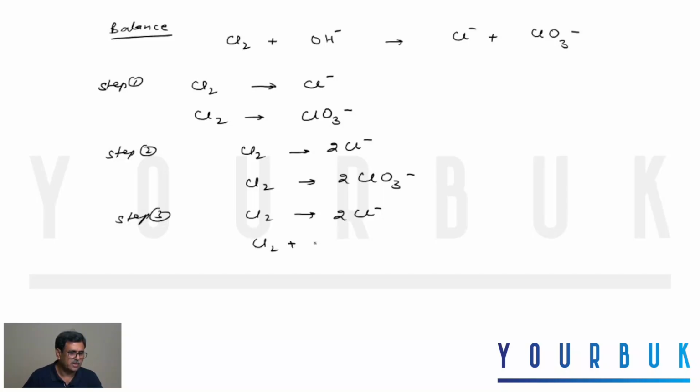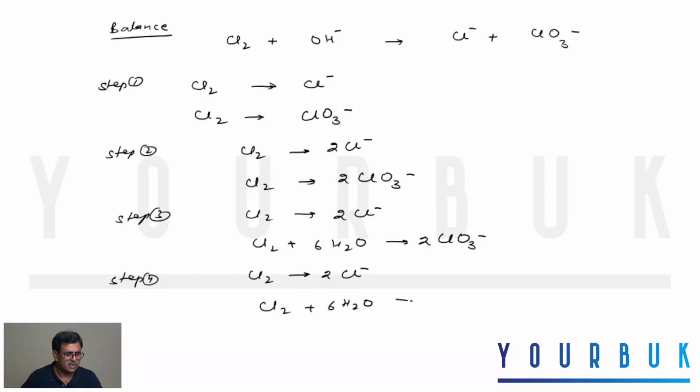In the second case we write 6 water on the left hand side. Now step number 4 is balance all hydrogens by adding H plus ions. Again no H plus ion in the first half reaction, but in the second half reaction we write 12 H plus ions on the right hand side.